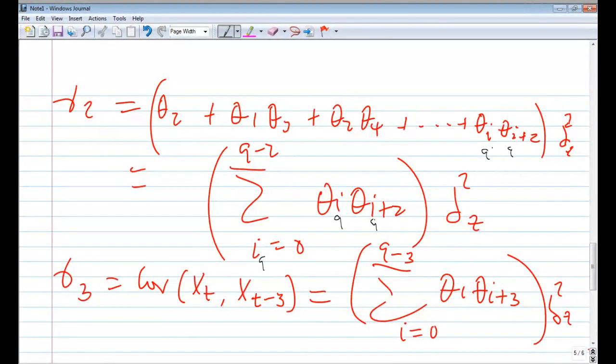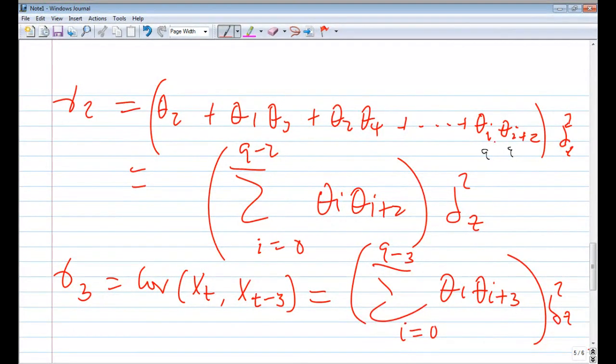Oh, you mean here it is Q, not i. Isn't it that we are dealing with the moving average of order Q? Yes, so when you substitute i by 1, 2, it's going to be Q something.